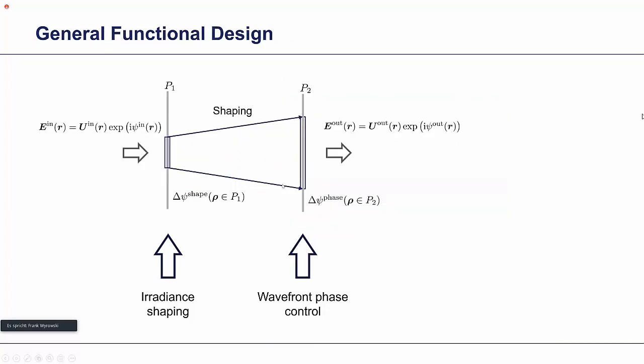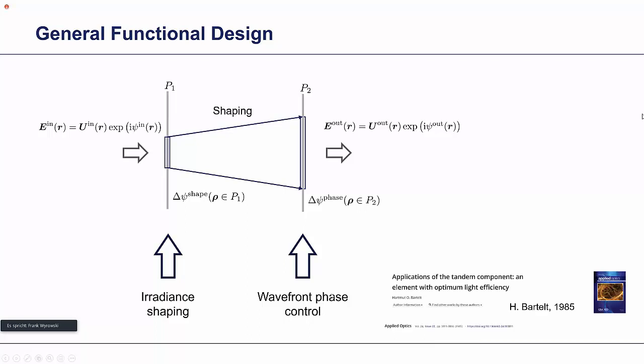By the way, I would like to mention that this very general concept was, in my opinion, already suggested by Quyghm. He was also a professor in Jena and is now retired. In 1985, he called it a tandem component, one for shaping, one for controlling the phase. But he did it in a paraxial world, not in the non-paraxial world.